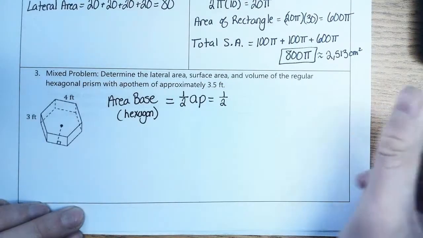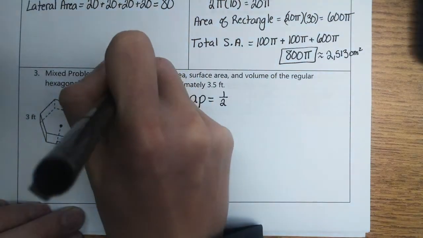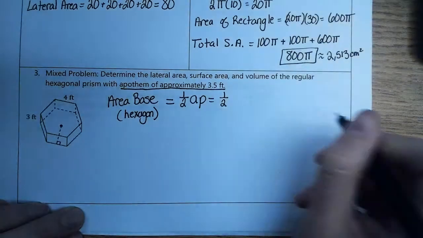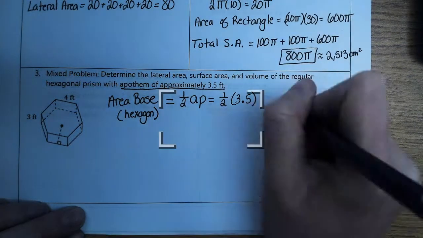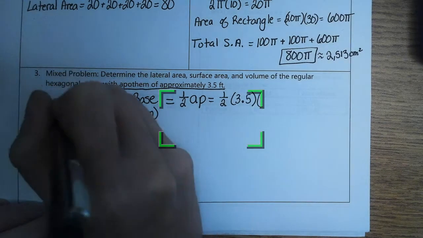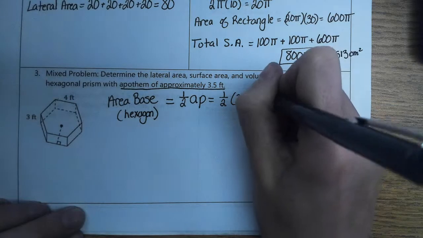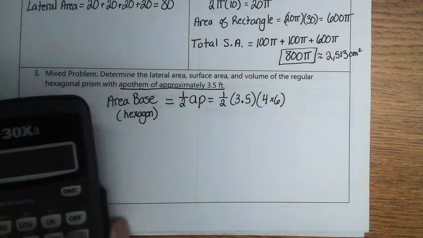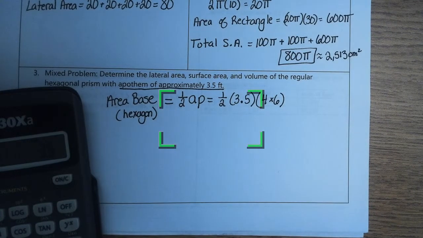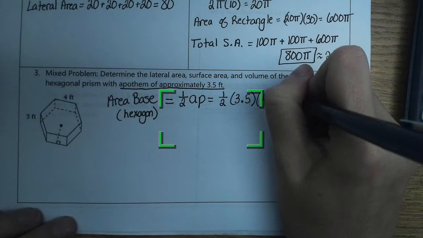So that is 1/2. The apothem is 3.5. And the perimeter around this is 4, 4, 4, 4, 4, and 4. So that's going to be 4 times 6 sides. That gives me an area of 42.